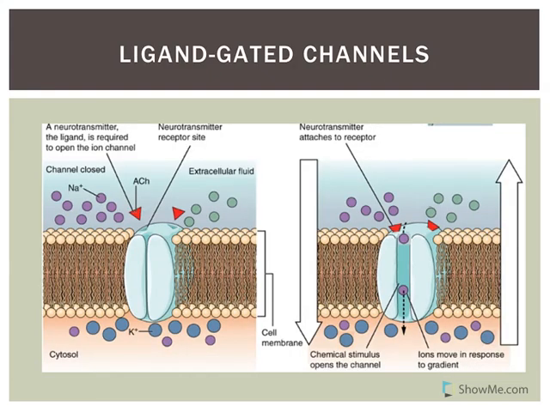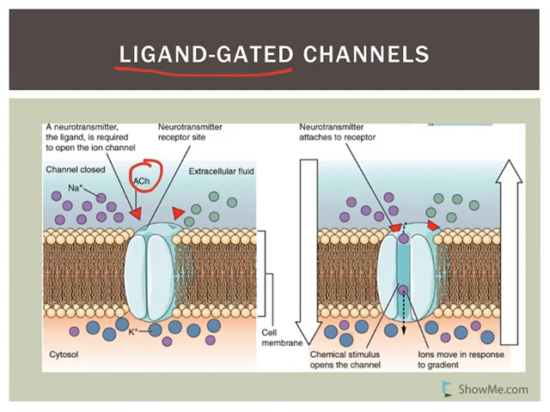Then we have these ones that are referred to as ligand-gated. Some will say chemically gated channels. A ligand, an example would be a neurotransmitter like acetylcholine. So you see here acetylcholine. Ligand comes from the word ligare, like to tie to. So if acetylcholine binds to this particular receptor, it activates it.